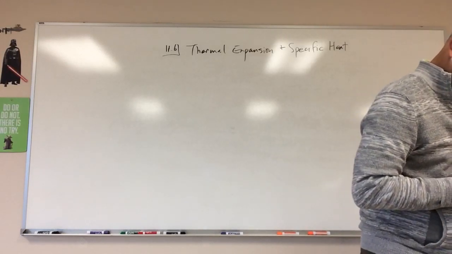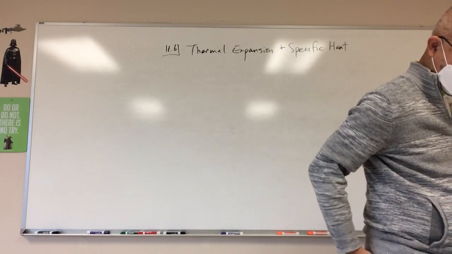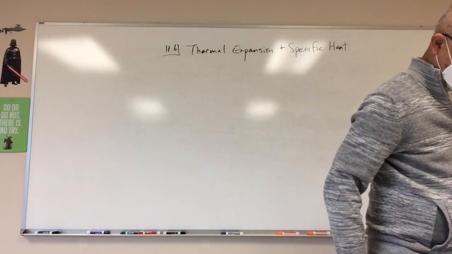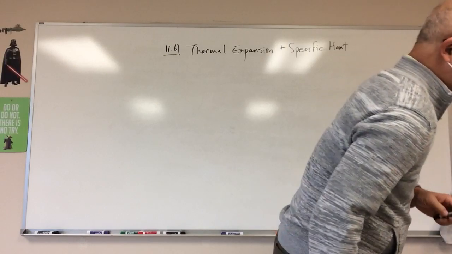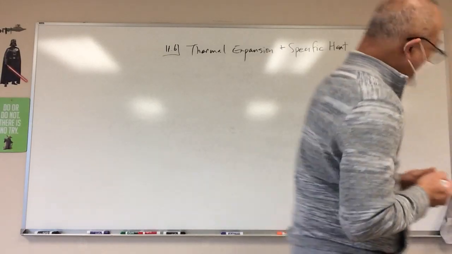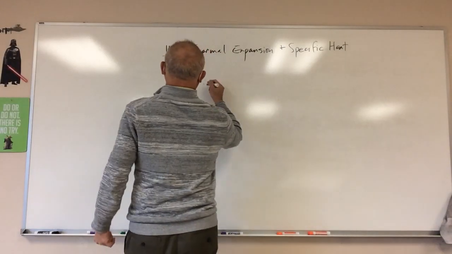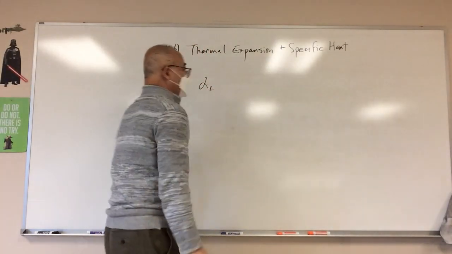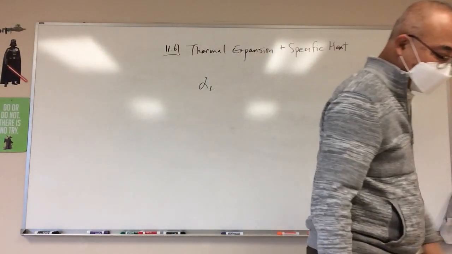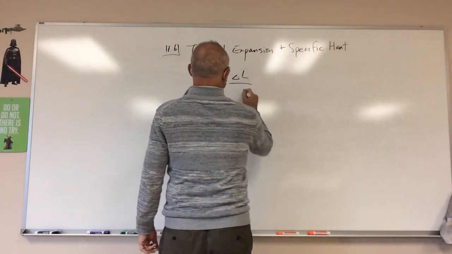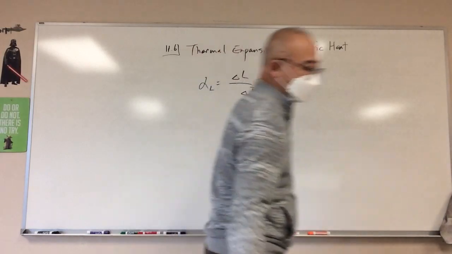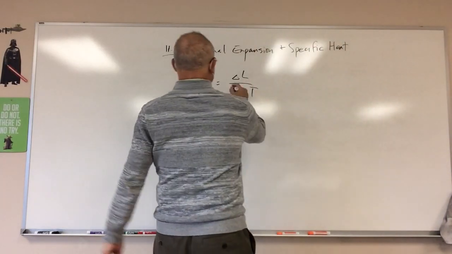So if you look at the alpha on equation 11.27, bottom of page 382, you have alpha L, the linear thermal expansion, is going to be equal to delta L over delta T with an L here.